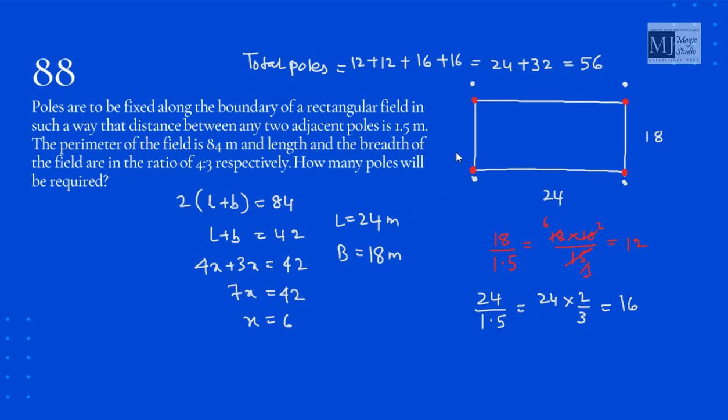But here we can see we have counted some twice. This we have counted twice, this twice, this twice, and this twice.